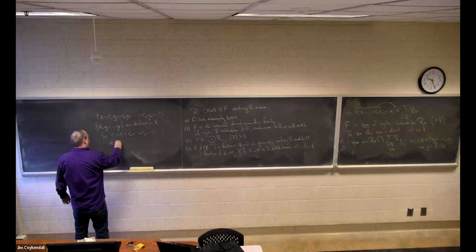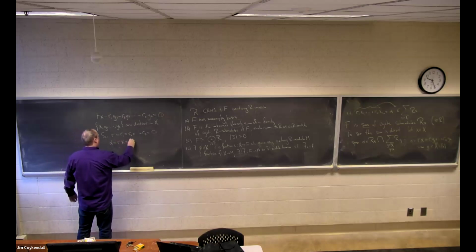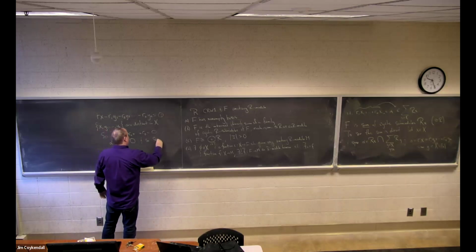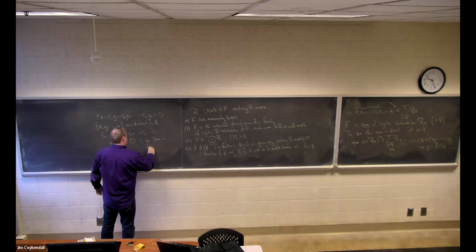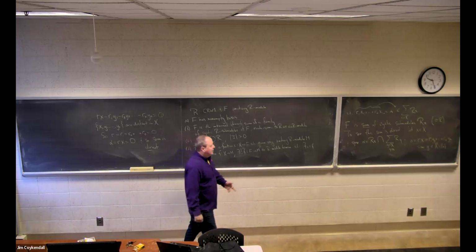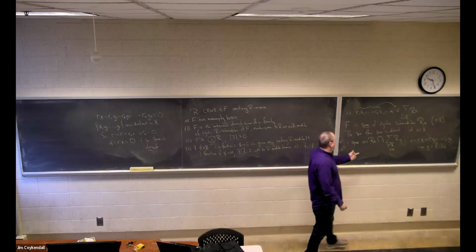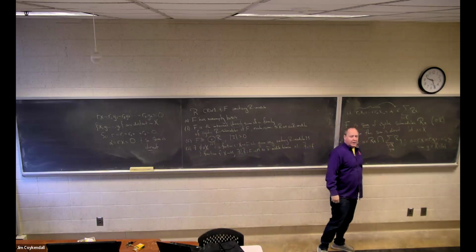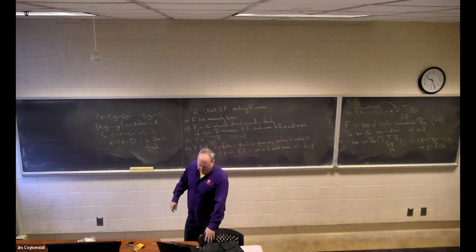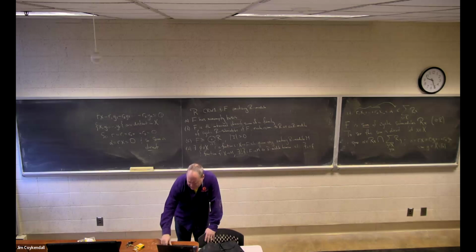So the sum is direct because the intersection of each one of these submodules with what's generated by everything else is zero. Any questions on it?